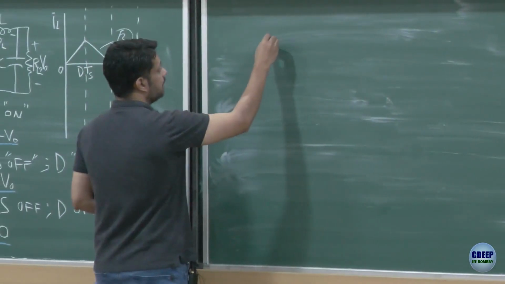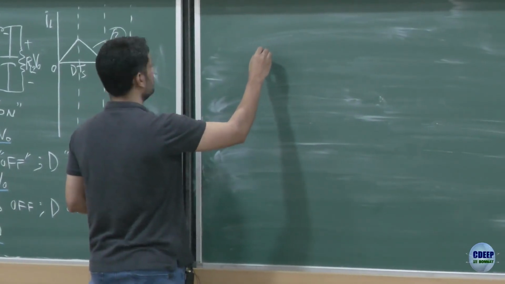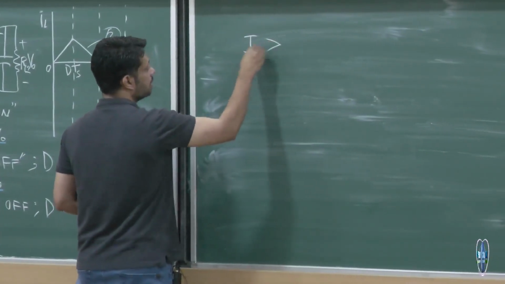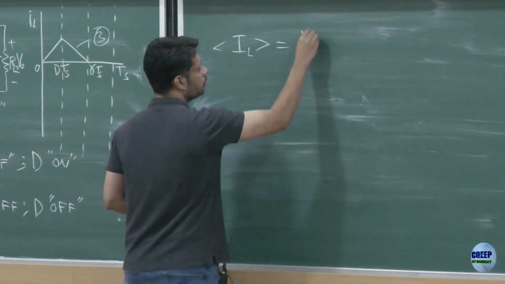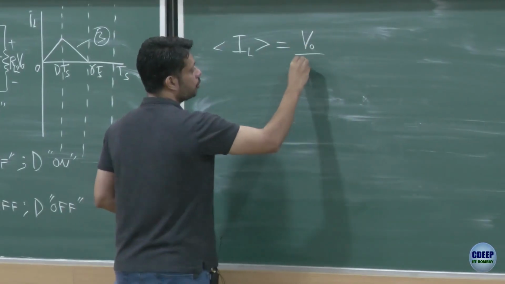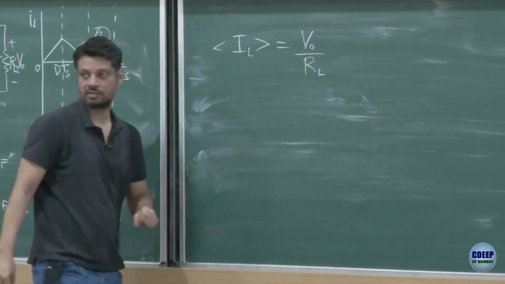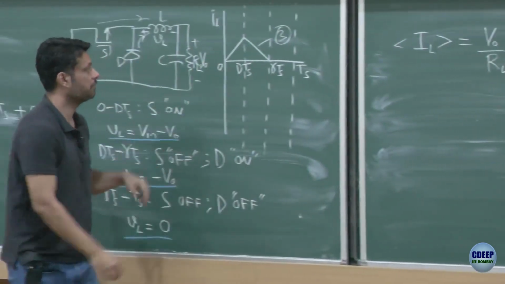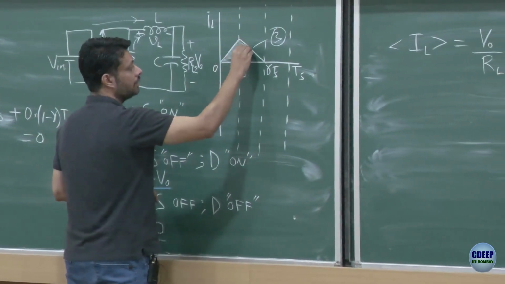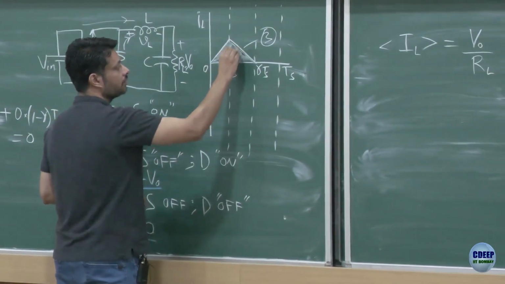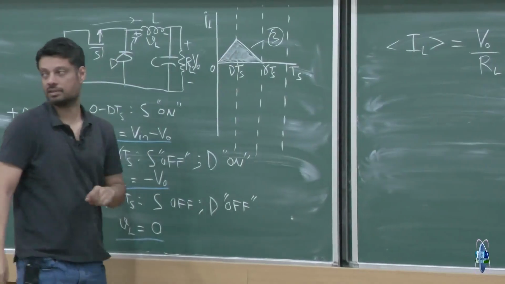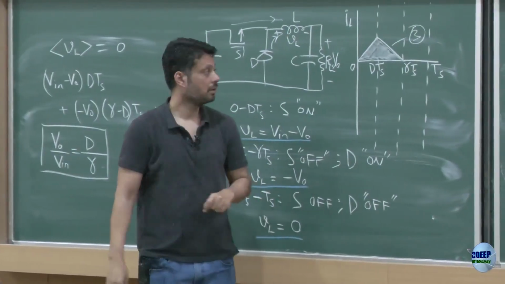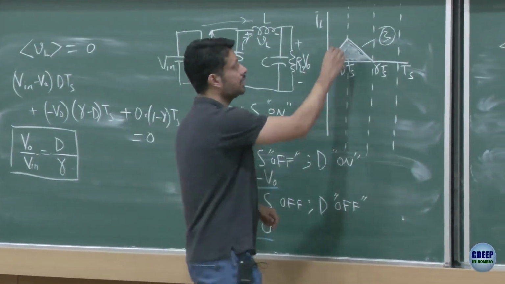So I can write, the average inductor current is equal to the average output voltage upon the load resistance, where the average inductor current from this waveform you can write in terms of the area under this triangle. What is the area under this triangle?